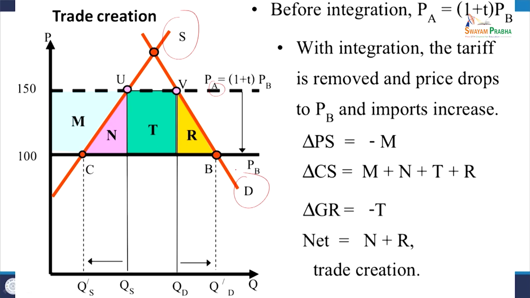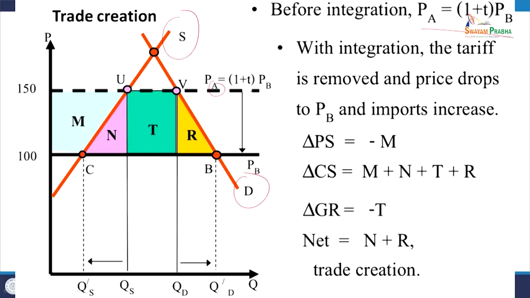Now, before integration, PA is equal to (1 plus T) times PB, because within the customs union the tariffs are abolished or negligible, and if the country is not part of the customs union, then for sure there are higher prices due to tariffs.